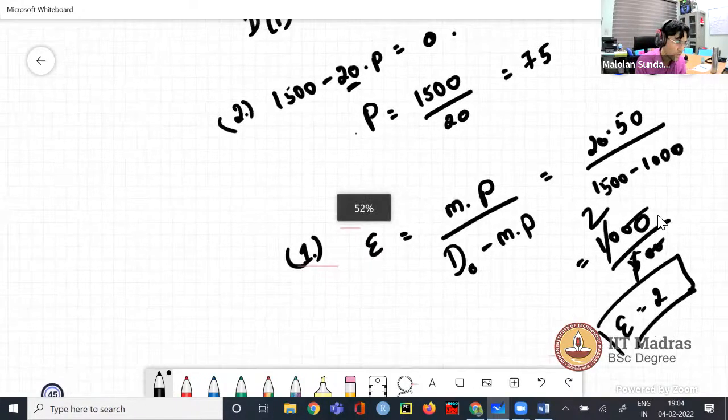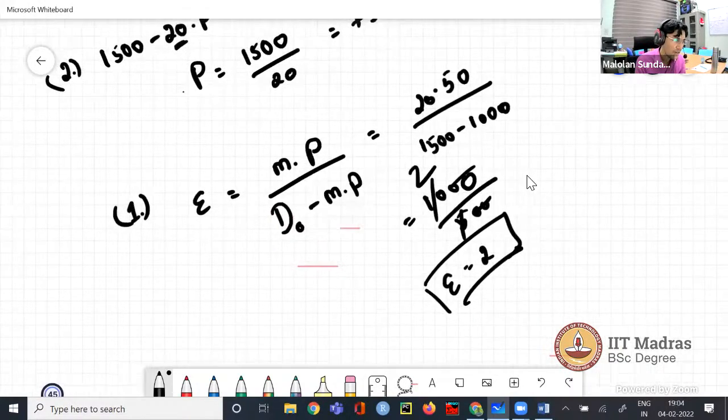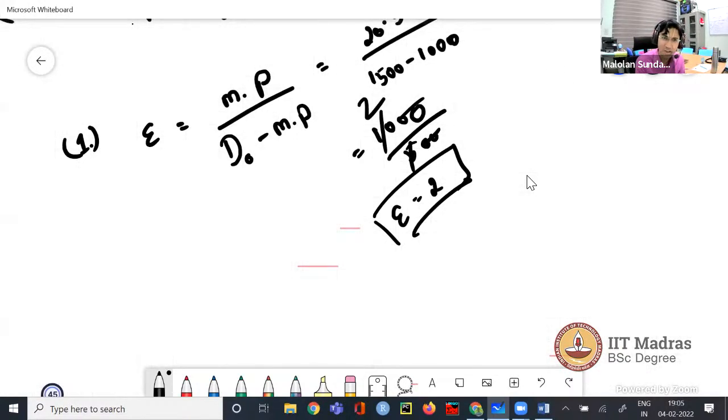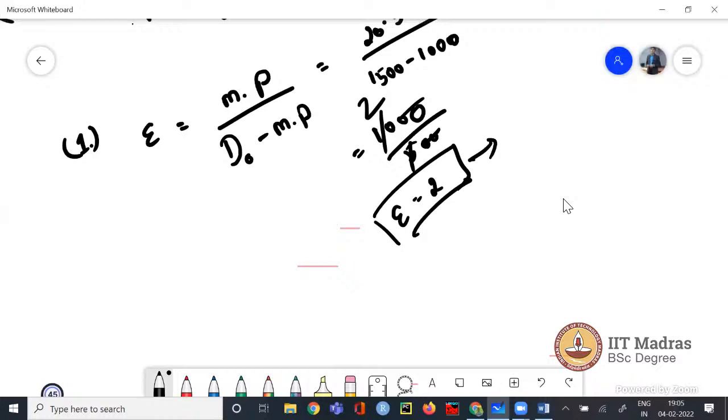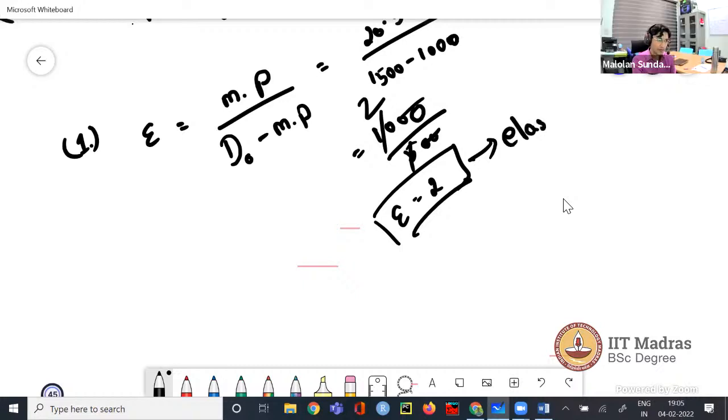Let's just deviate for a minute. Since all of you have completed BDM and we have seen a lot of elasticity in BDM, what does this imply? Is this product elastic in nature or inelastic in nature? It is elastic. And what does that mean? What does elastic mean?